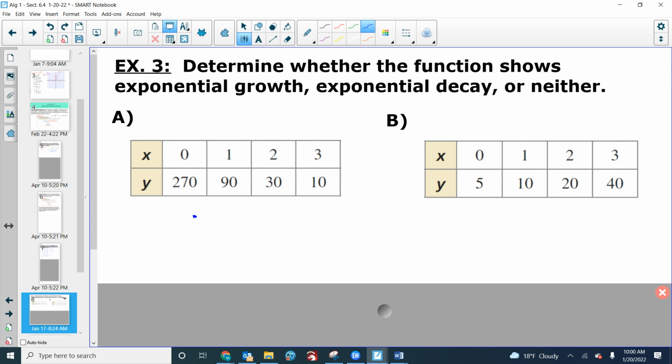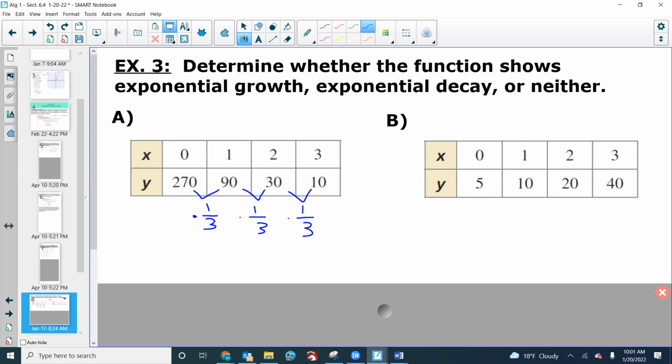So 90 divided by 270. And then second PRB, it'll make it 1/3. And is 30 a third of 90? A third. Is 10 a third of 30? A third.